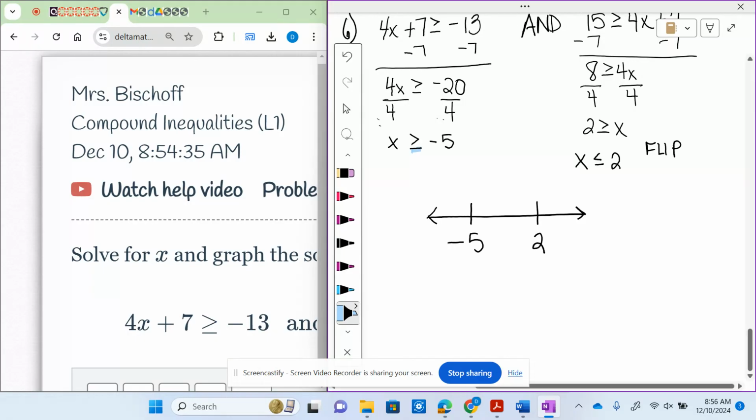Do you see how it has the bar underneath it? Good job. Closed. Which way does this tell me to shade? Shade to the right. Am I going to have an open circle or a closed circle on the 2, Brianna? Does it have a bar under it? Closed.